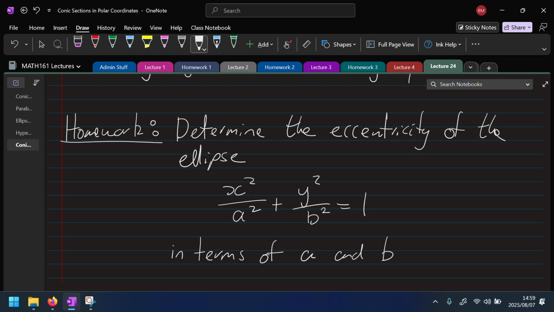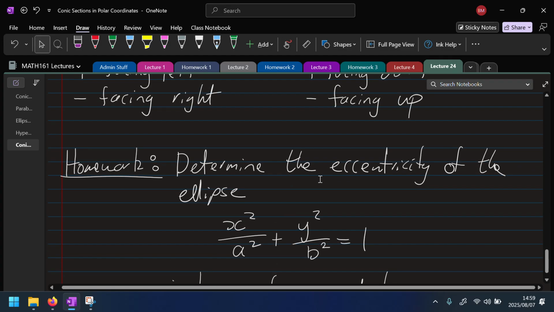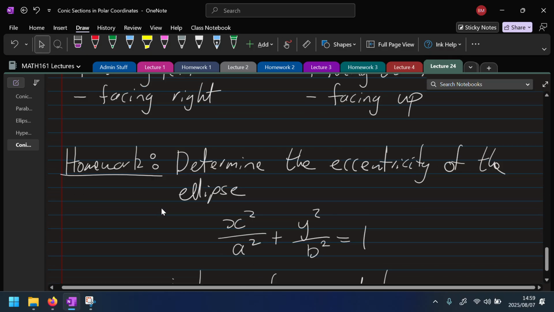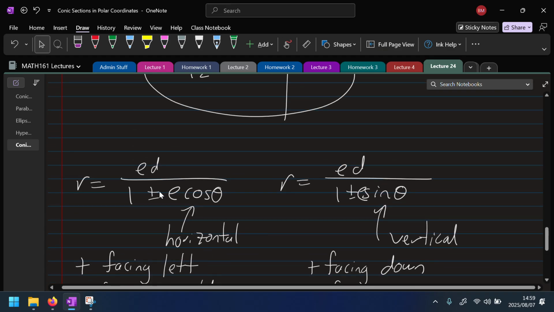I'll give you a little hint on what to do. Here we've got this in Cartesian form, x and y. But to find the eccentricity, we need the polar form. So we take this Cartesian form, convert it to polar, and then we can identify what e is.